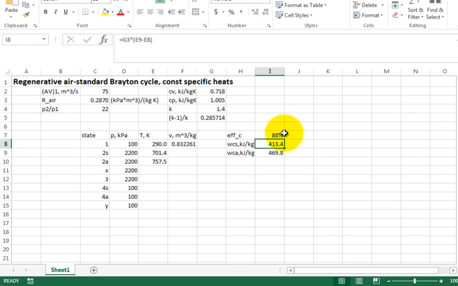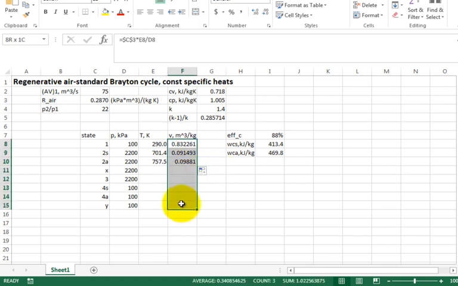At this point, I could grab that box, that lower right corner of my cell, and drag that down. And what it did was, it's going to work, I think. Come on now. It brings down the formula for the specific volume. Now, I'm going to grab all these columns and format them so it's easier to see them.